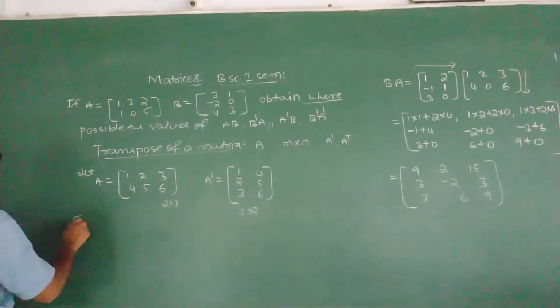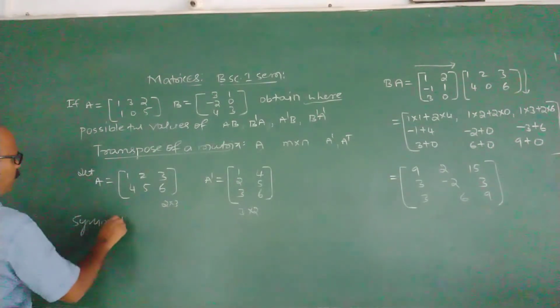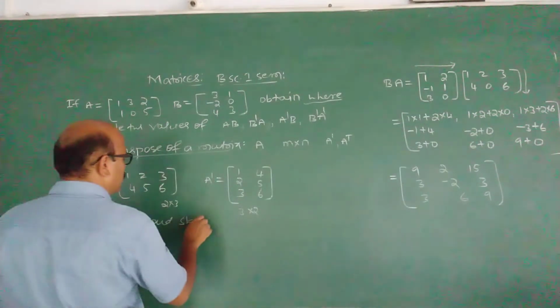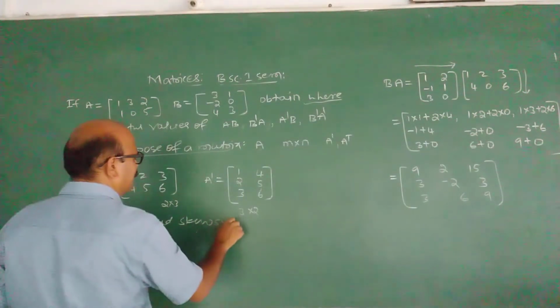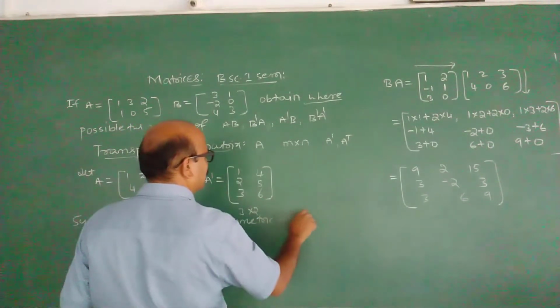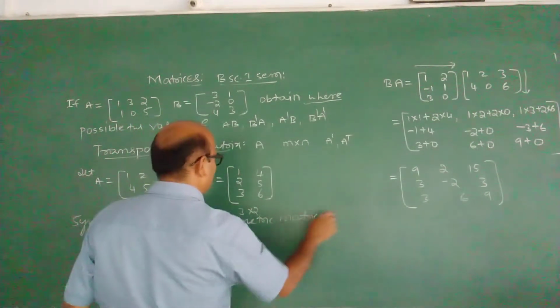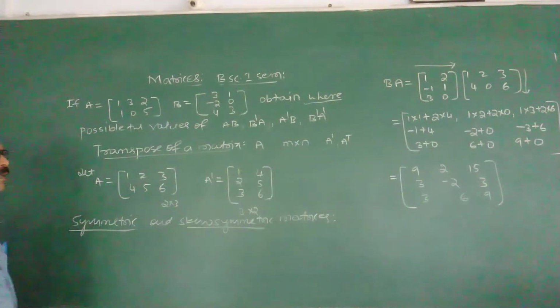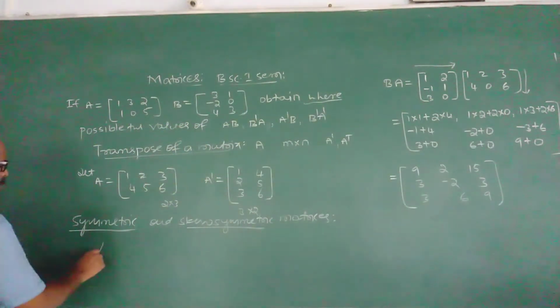Next, symmetric and skew symmetric matrices. Symmetric, skew symmetric. See, the definition is like this.